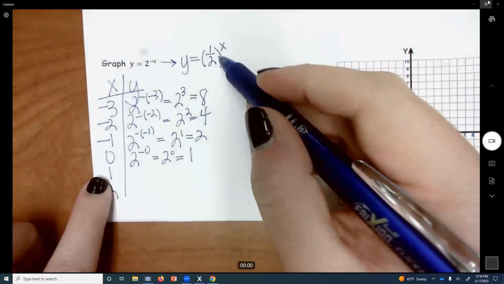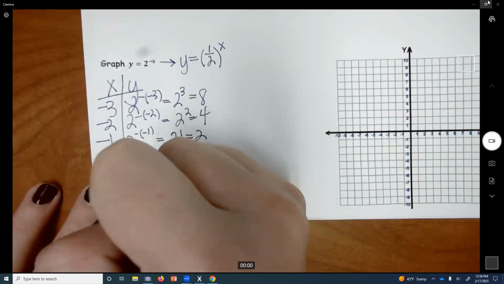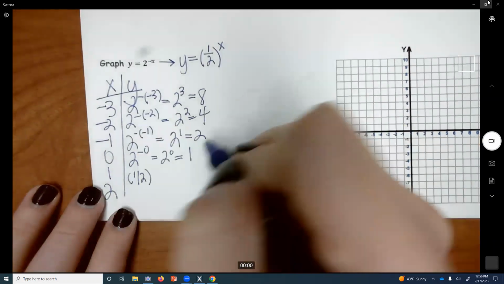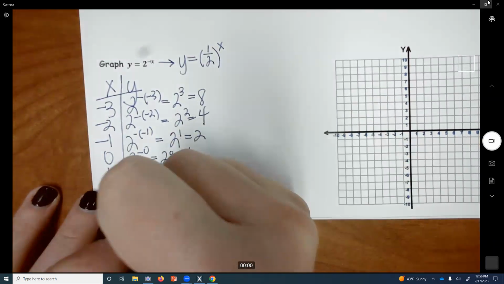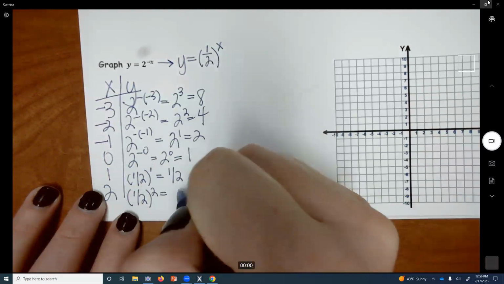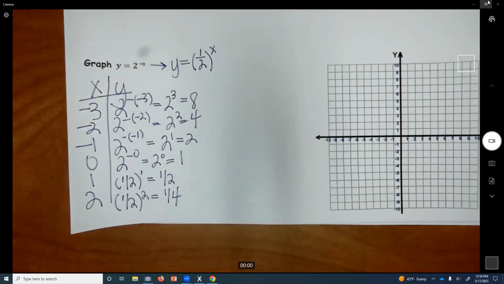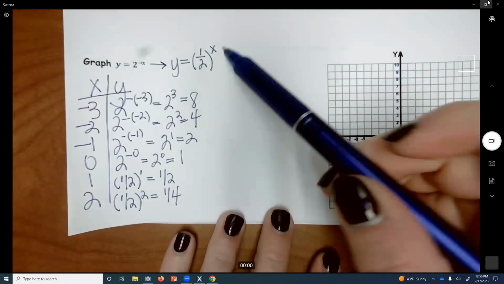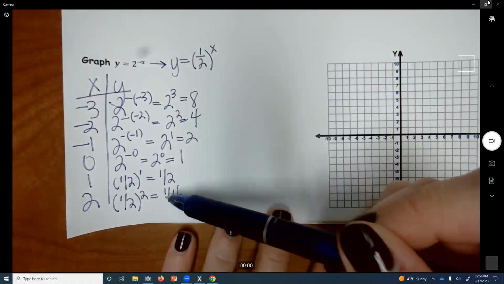And now when I start going positive, now I'm going to flip it over here. So now I have 1/2 to the first power, which is 1/2. And 1/2 squared, 1/2 times 1/2 is 1/4. So as this base is 1/2, what's happening here? These are all getting cut in half.